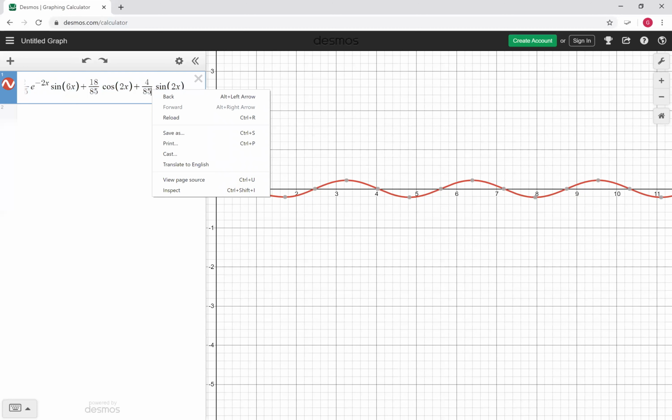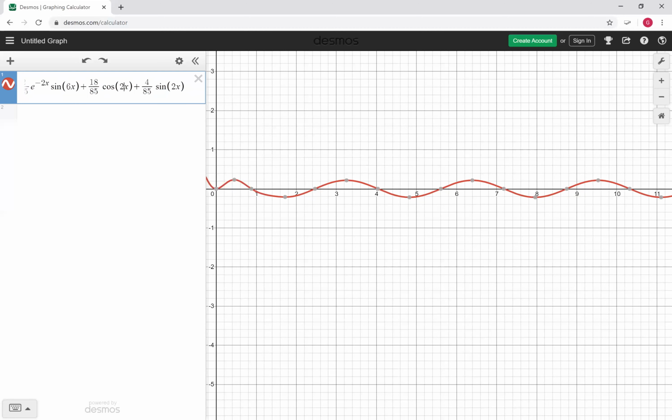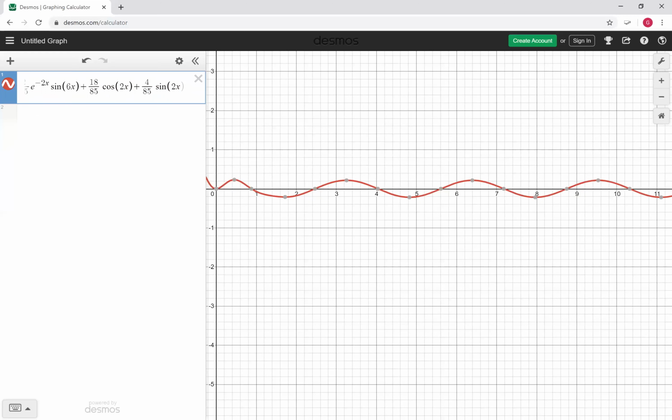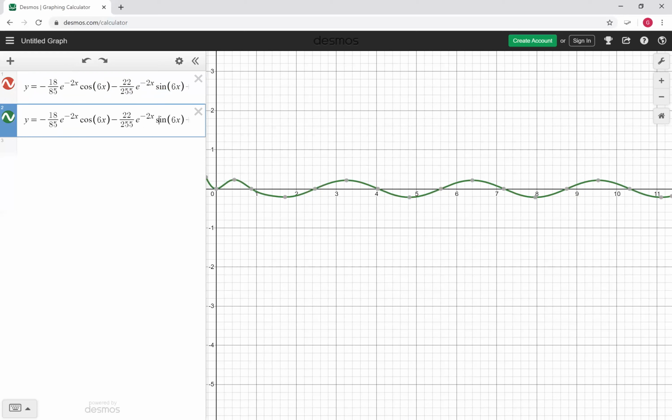Oh, that's the old-fashioned way. Let me paste it here. Then if I delete the particular solution part, we're going to have the transient solution part only. There we go.